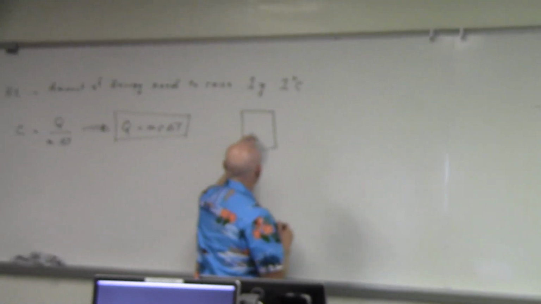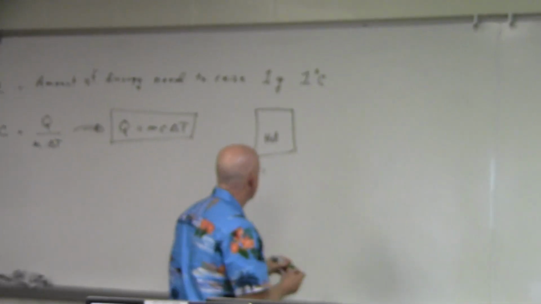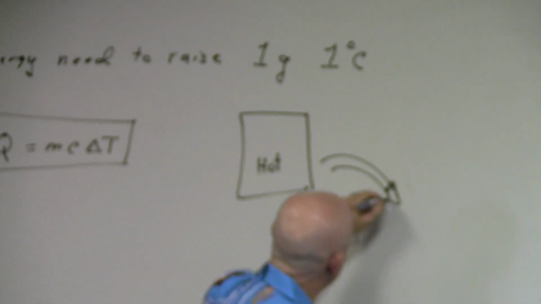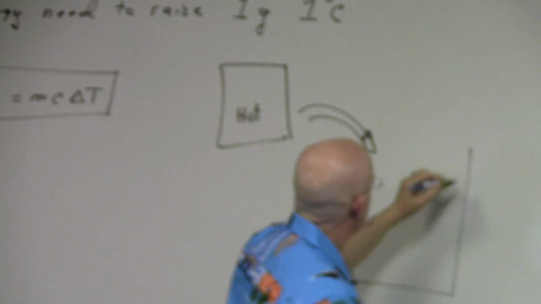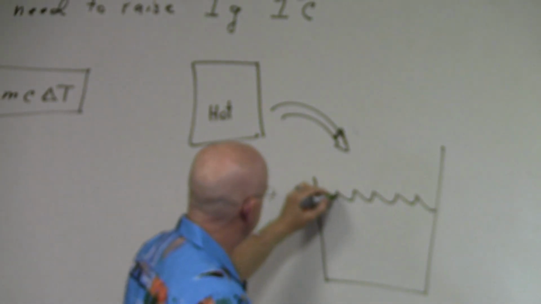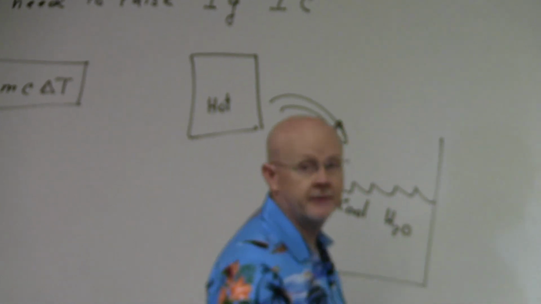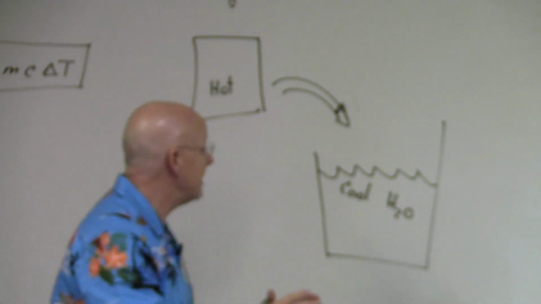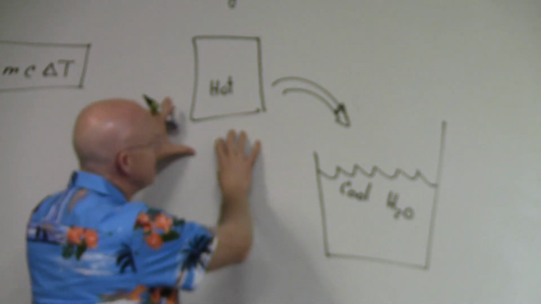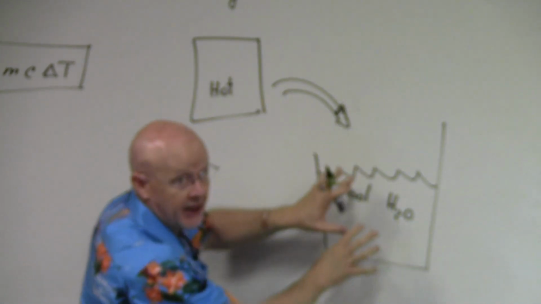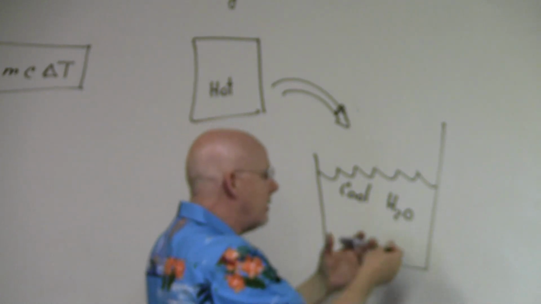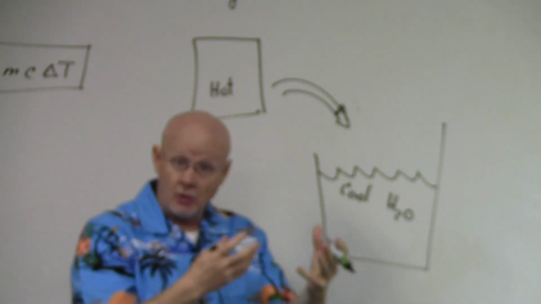Because if I could draw a picture before I show you the equipment, it would look like this. You're going to take a hot piece of metal, and you're going to put it into a little styrofoam cup that has some cool water. The idea here is the heat energy will come out of the metal, so the metal is going to cool down. And as you put it in this water, the water temperature is going to go up.